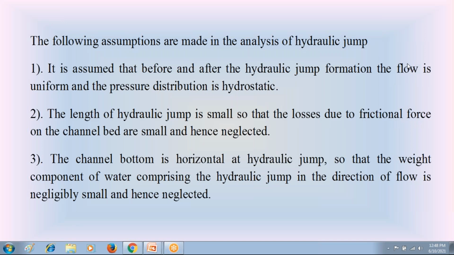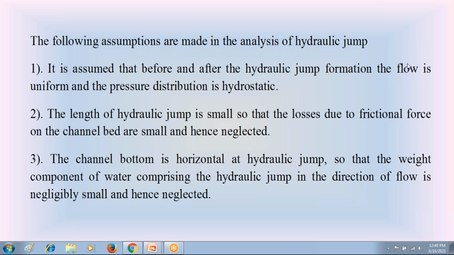So in the hydraulic jump, third assumption, we are assuming the channel bottom in that hydraulic jump is horizontal. Since the channel bottom is horizontal, theta becomes 0. So W sin theta is 0. So in that hydraulic jump portion, there is no W sin theta component on the water flow.